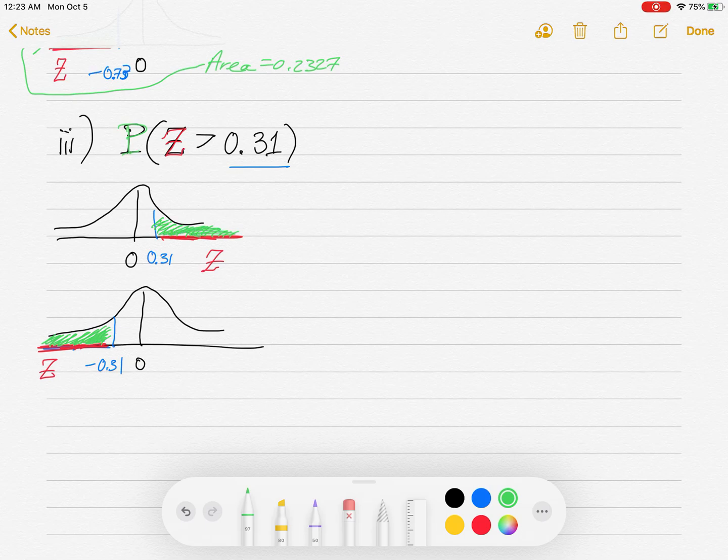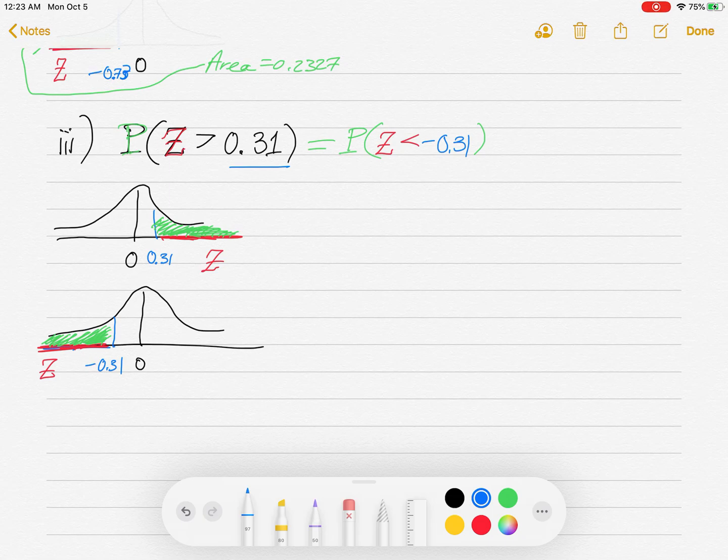So notice that this green area to the left of negative 0.31 is the same as this green area to the right of positive 0.31. That's because the z distribution is symmetric. So this is equal to the probability of getting a z-score less than negative 0.31.